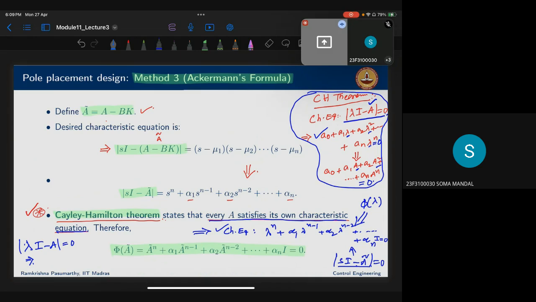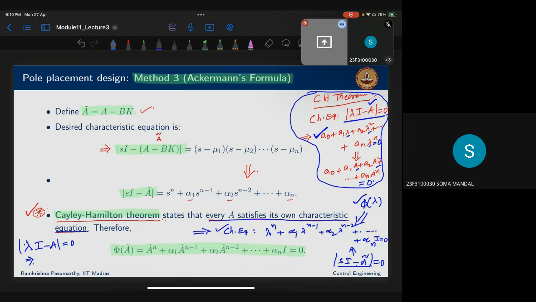If we expand it, you will have this equation, which we call the polynomial phi of lambda.